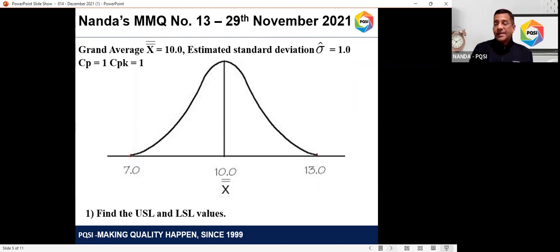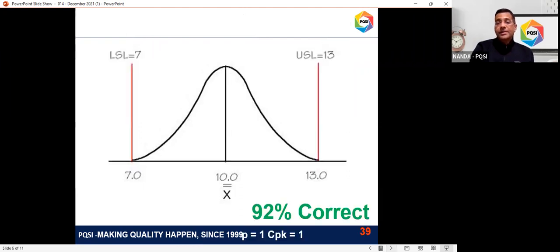So if the process is centered, that means the grand average is 10 and it is centered with respect to the average. So that means 3 units this side and 3 units that side is what we need to have. So 10 plus 3 will be your upper specification limit and 10 minus 3 will be your lower specification limit. So the answer for this question is USL is 13 and LSL is 7.